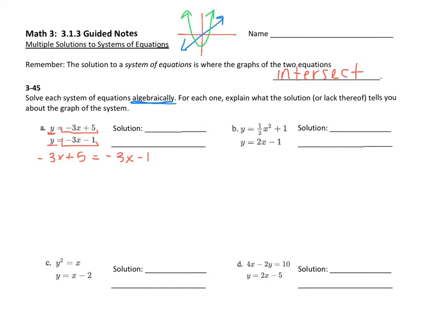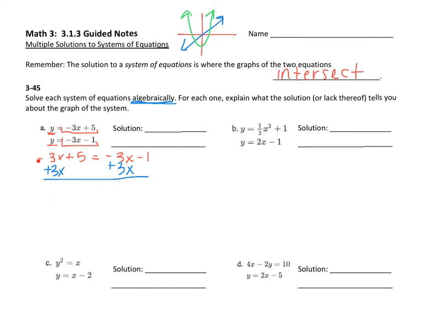At this point, I want to start solving by getting my x's all on the same side. Right now they're on separate sides. So the first thing I would do here is add 3x to both sides to continue solving. And you may have noticed that when I do that, negative 3x plus 3x is 0x.